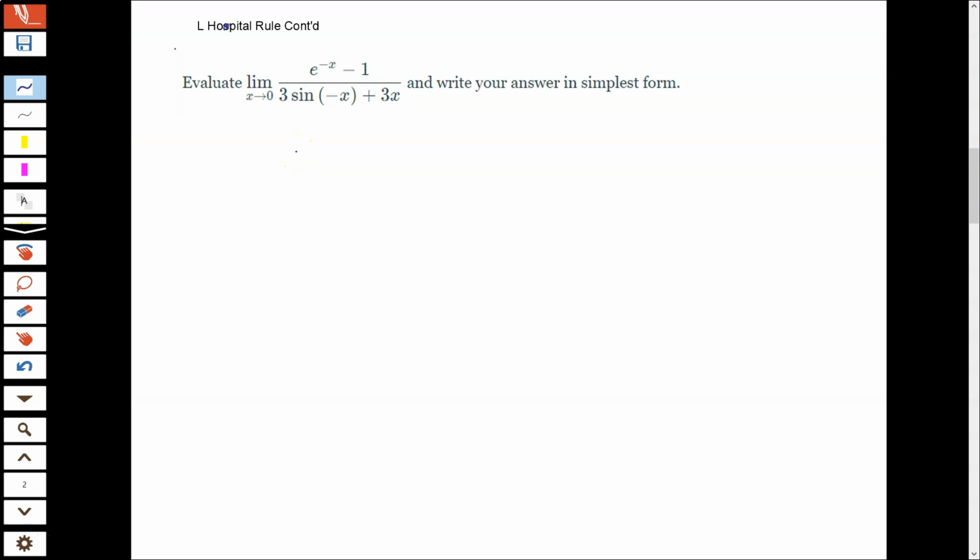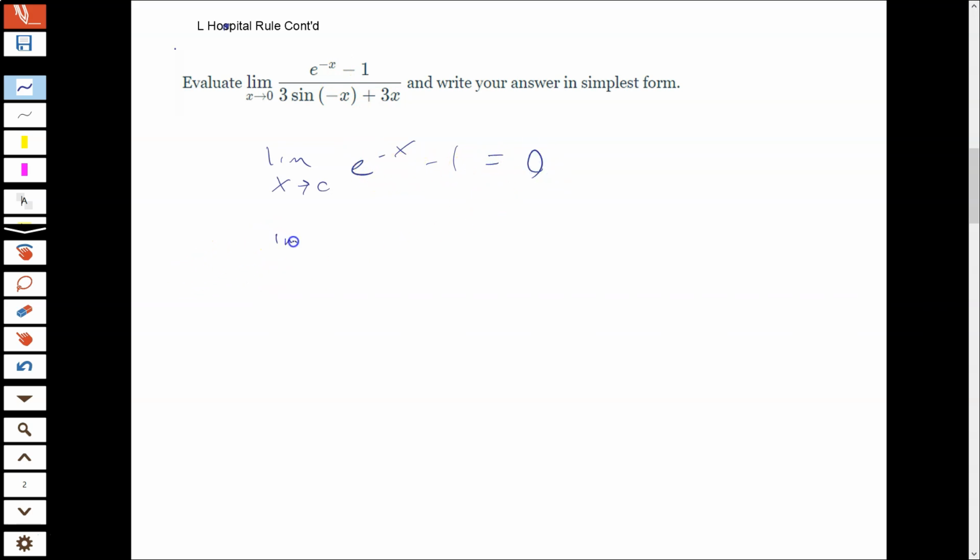Okay, so for this first limit, I'm going to check. I can be pretty sure that the rule will apply because it's a L'Hopital rule problem, but I'm going to still show that it applies. So I'm going to say the limit as x goes to 0 of the numerator. Well, let's see. E to the 0 is 1. 1 minus 1 is 0.